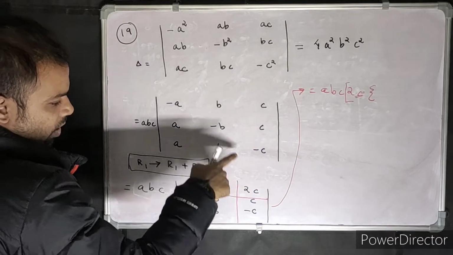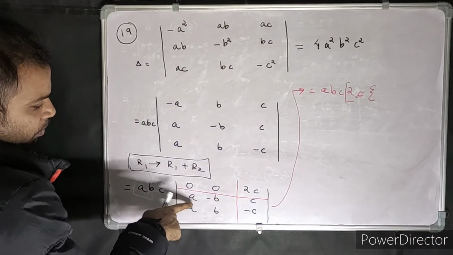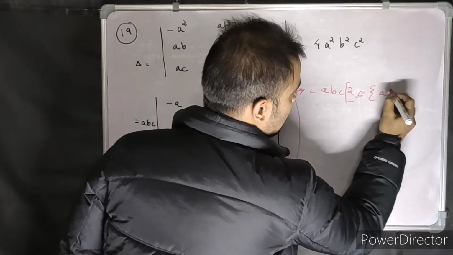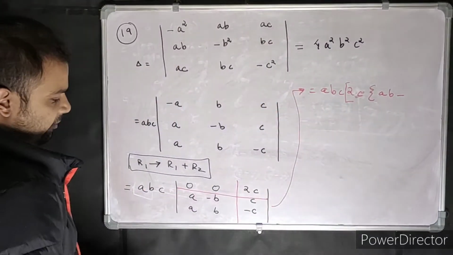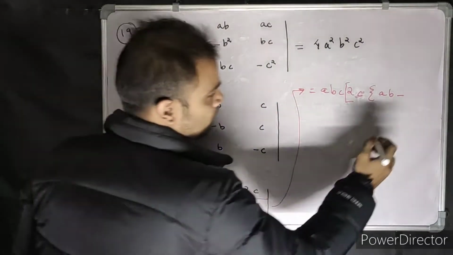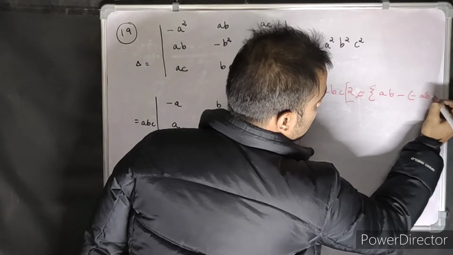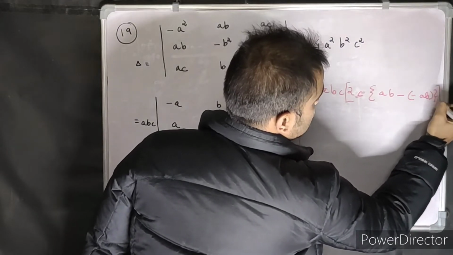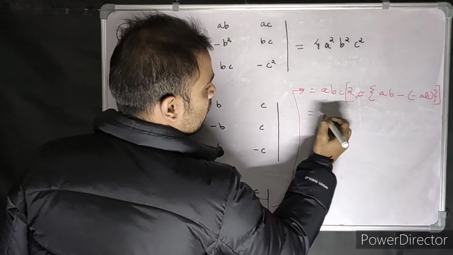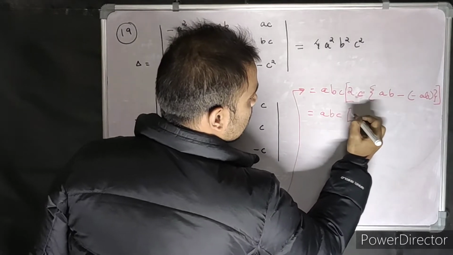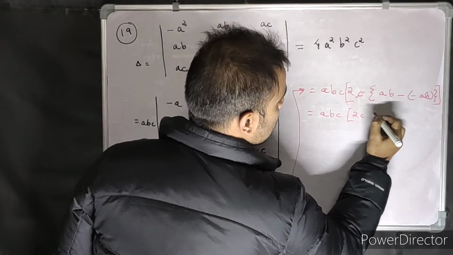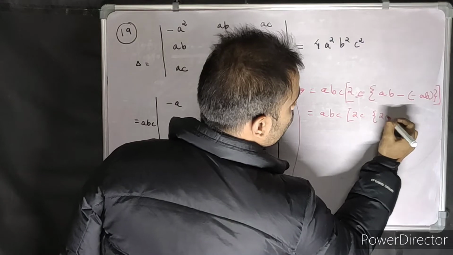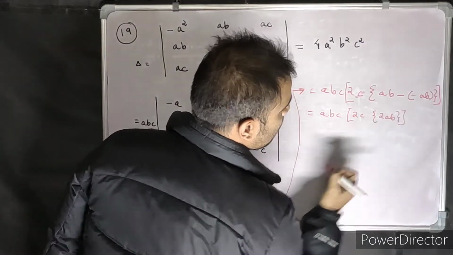So this row and this column is covered. Multiply A into B, AB minus by default, and this is a minus AB. Minus AB. Close the bracket, close this bracket also. ABC, that is a 2C, then this will become 2AB.